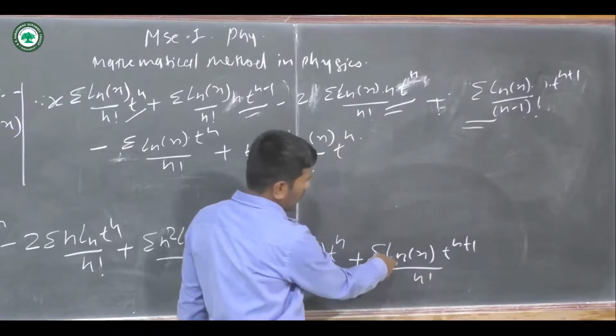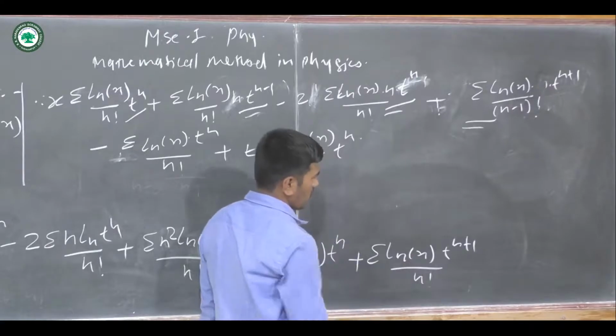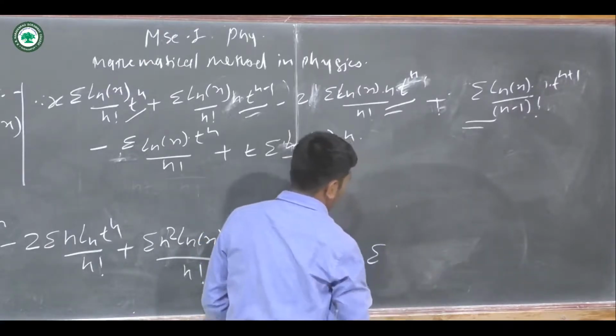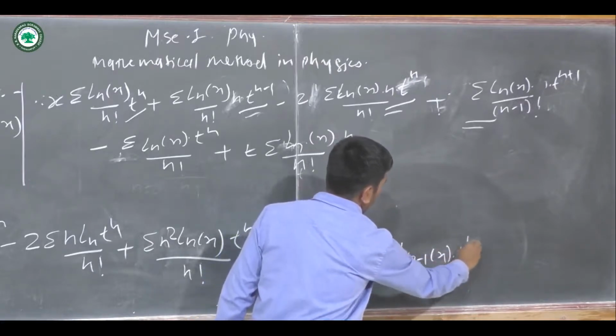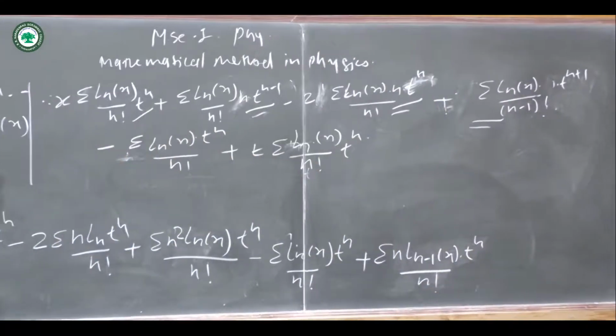Here I am going to put n is equal to n minus 1. So these expressions become n into L_(n-1)(x) t^n divided by n!.